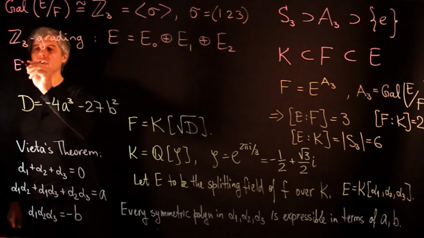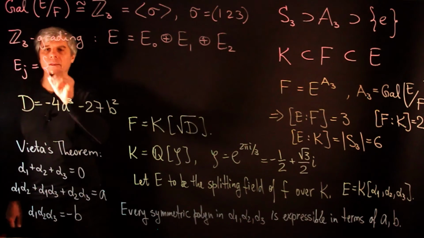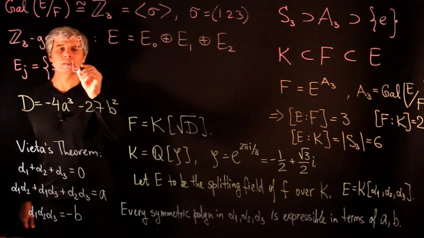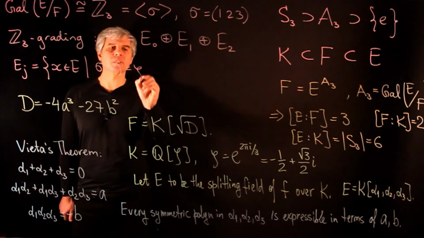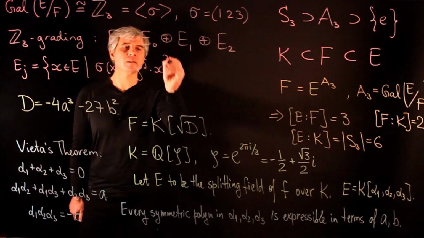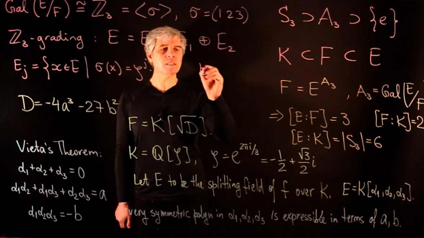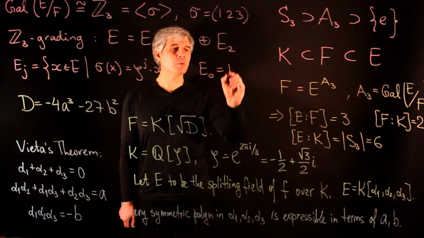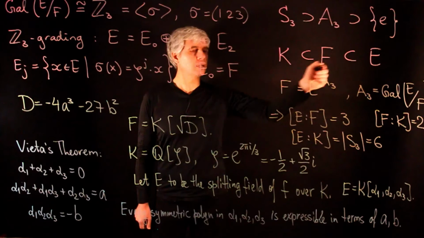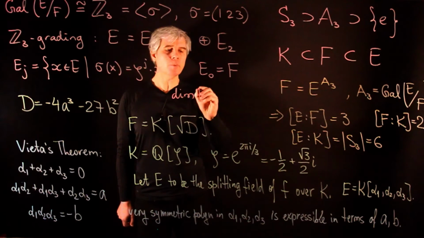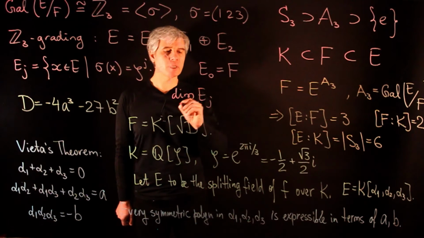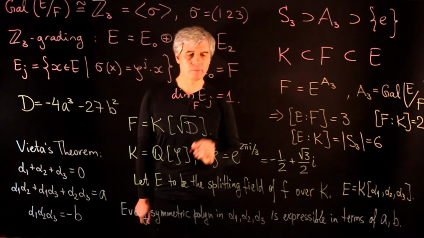Here Ej is the set of x in E such that sigma applied to x is equal to zeta to the power of j times x. The E0 component is equal to the field F, and the dimension of each component as a vector space over F is equal to 1.